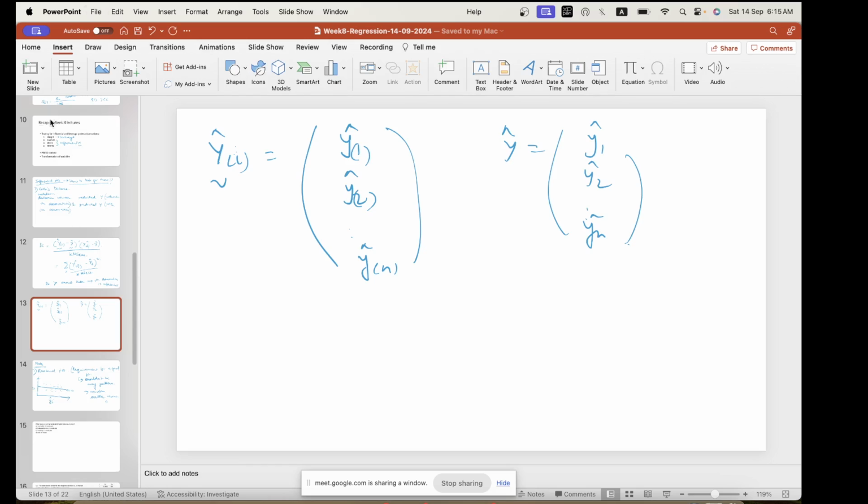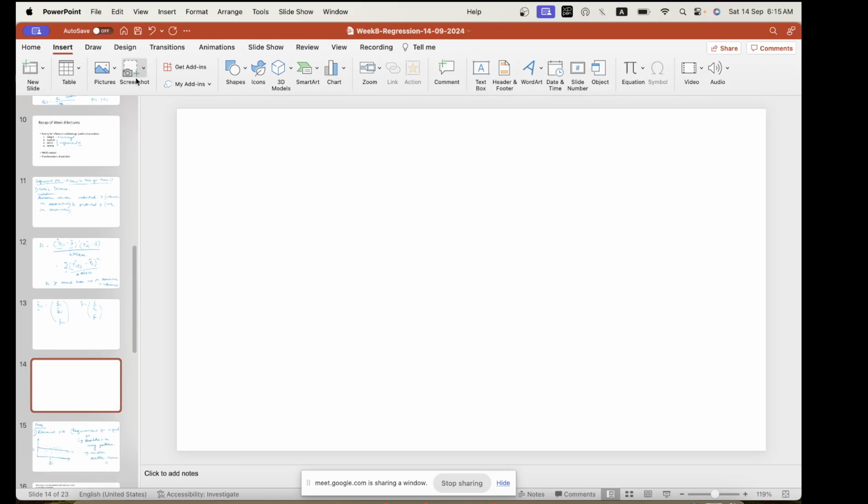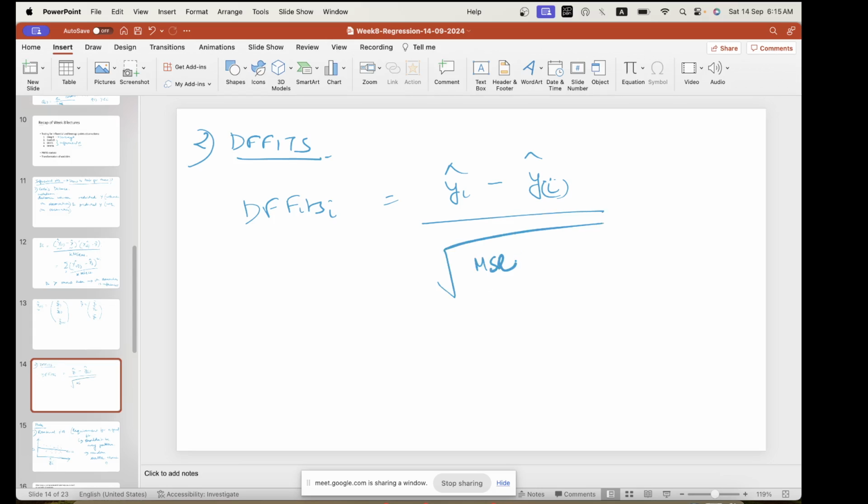All right, the next one that we can use is actually DFFITS. Now DFFITS i is given as yi hat minus yi hat divided by root over MS residual i into hii.